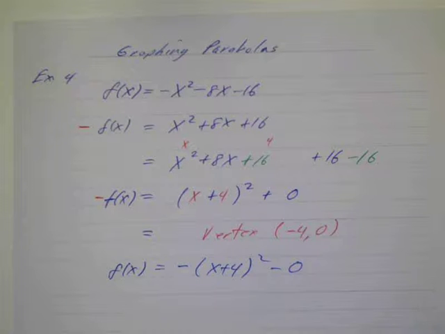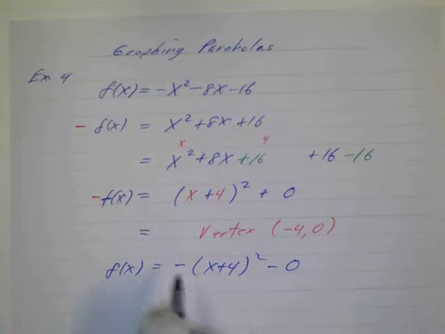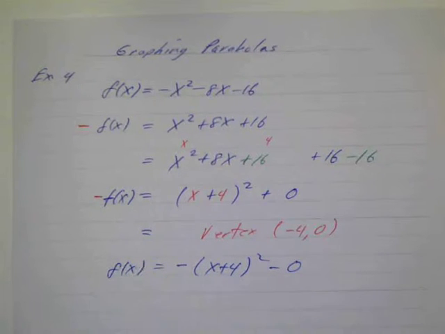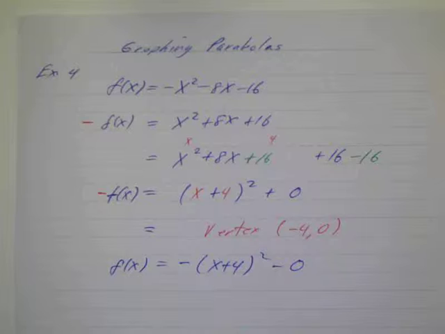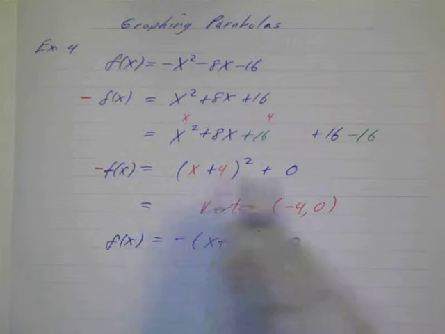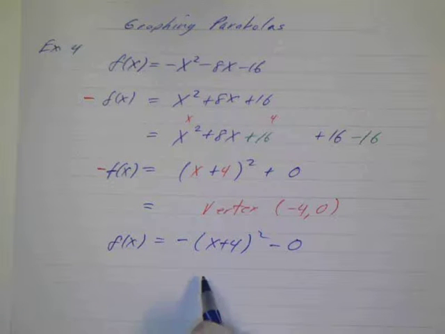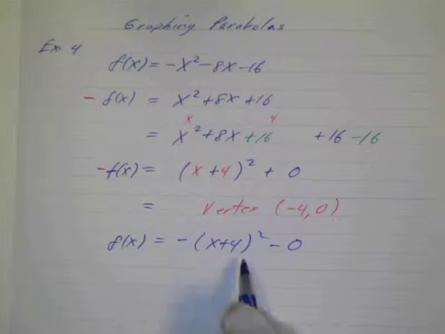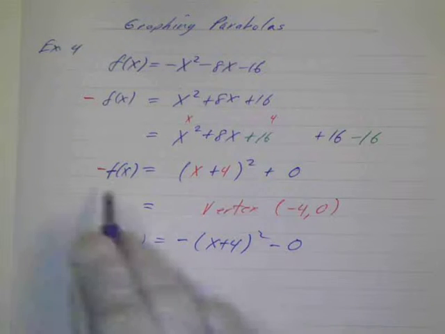Negative 0 and positive 0 are the same, so it doesn't matter. So my vertex form would be like this because remember it's shaped like an N. If I didn't make that adjustment, kind of flubbed up there. It doesn't change the vertex, but it does change the shape of the parabola. So we know it's shaped like an N. So that's important.